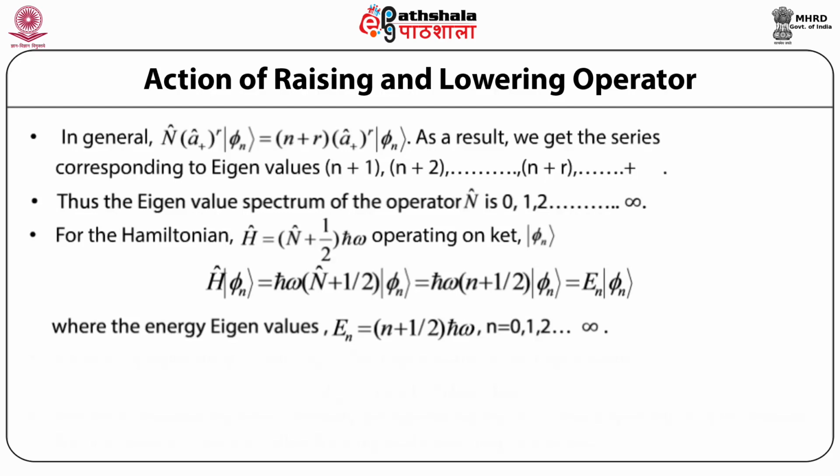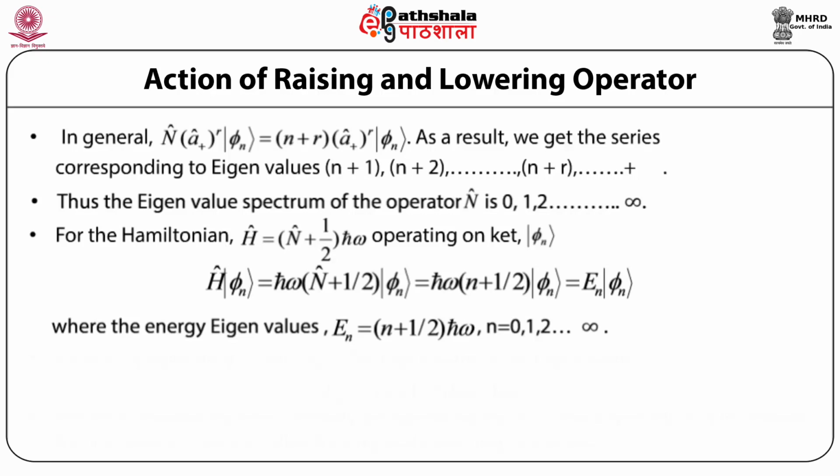For the Hamiltonian operator h, we have that this can be given in terms of the number operator as operator h is equal to within brackets number operator n plus half whole times h cross omega, where h cross is equal to h by 2 pi, h is the Planck's constant and omega is the angular frequency, operating on the eigenvector phi n.